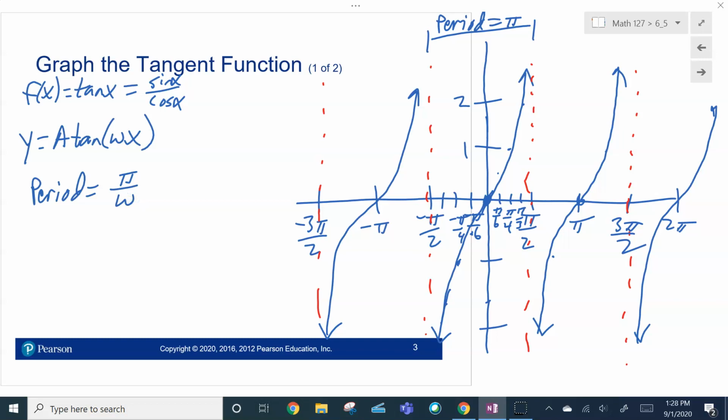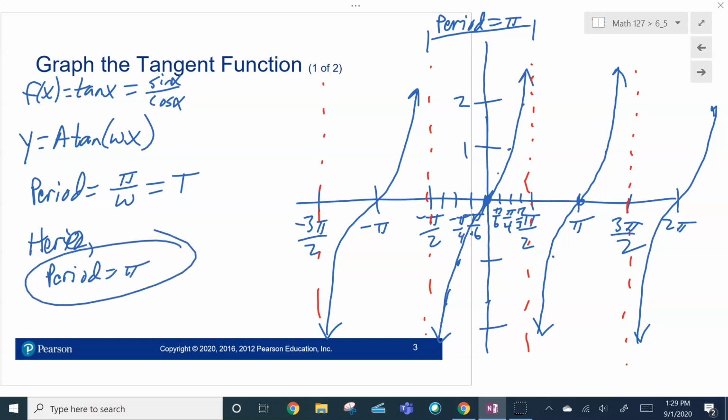Sometimes you might have a horizontal compression or stretch depending on omega. Your period, and by the way, use capital T is what your authors use, is just pi, because it's pi over 1. So we have a period of pi.